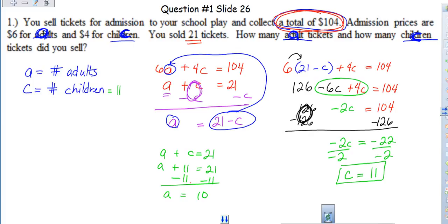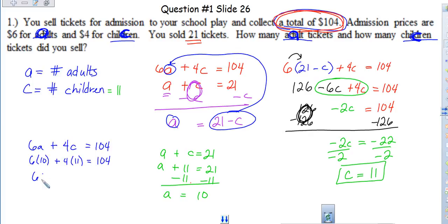Okay? And so then you always want to try to go back and double check to see if you got the right answer. So we can try plugging into this equation and seeing if it will provide us with the same answer. So if I do 6 times 10 plus 4 times 11, that should equal 104.